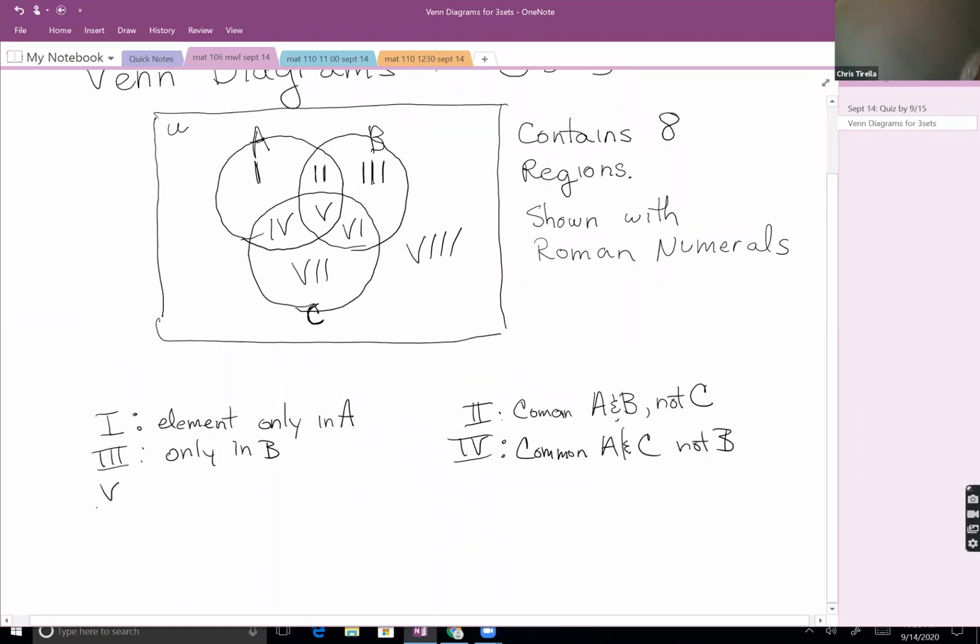What would be in region 5? Common to all three, A, B, and C. So can I just write common to all? Is everybody okay with that? What's in region 6?